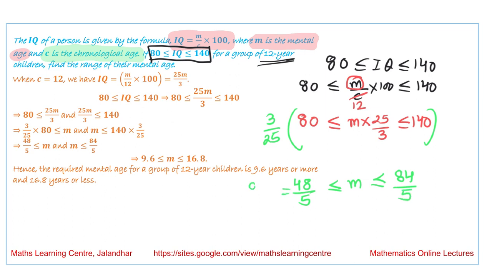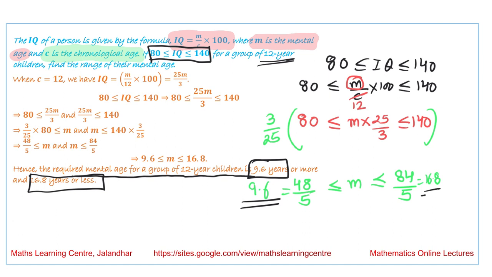This value is equal to 9.6 and this value is equal to 16.8. So the required mental age of 12-year-old children is 9.6 years to 16.8 years or less. This is the required solution in this case.